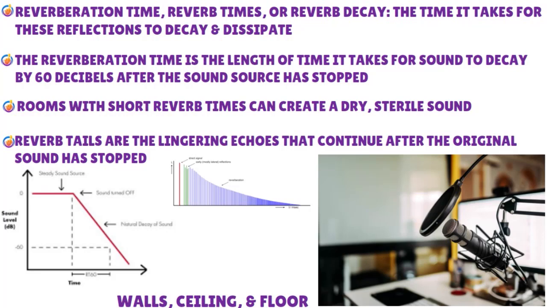Short reverb tails can create a more dry and upfront sound, while longer reverb tails can add depth and space to a recording. So it really depends on the kind of experience you want to create for your listeners.